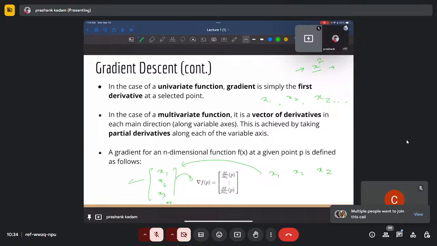It's just a term. The Jacobian is essentially the first order derivative of your input function. You have a bunch of inputs, different variables. You calculate the first order derivative, and then for each of these variables you optimize separately.